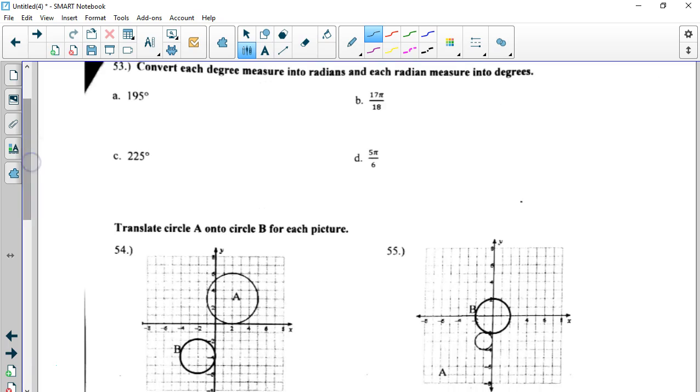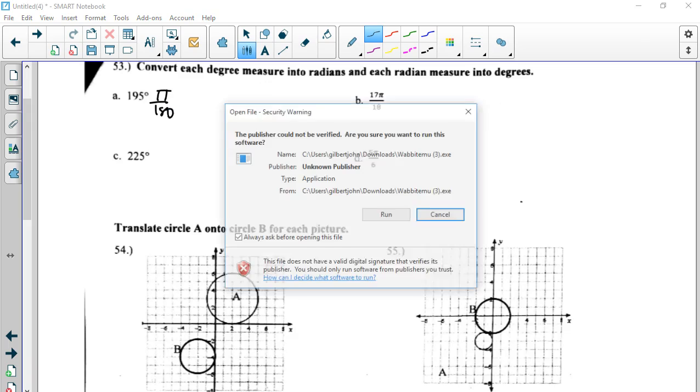All right. Again, these are on your cards. When you're converting into radians, you're going to multiply by pi over 180. Now remember, I showed you a little trick. You can use your handy-dandy calculator here.